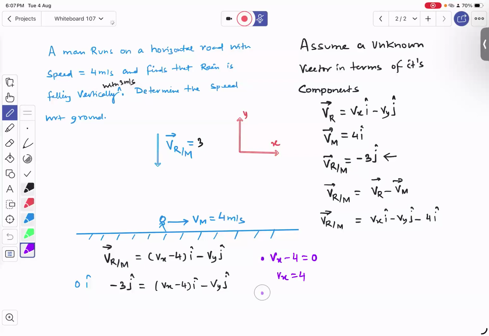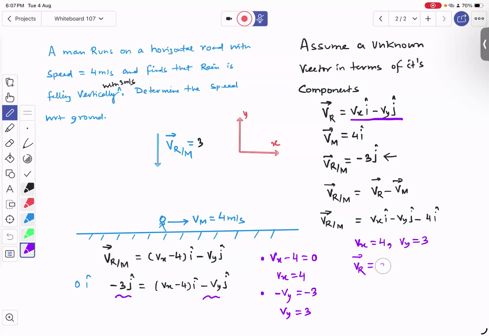I'm just making the components equal on the other side. What is the y component on the left? Minus 3. And what is the y component on the right? Minus Vy. It means minus Vy should be equal to minus 3, so Vy is 3. Once I know that Vx is equal to 4 and Vy is equal to 3, the velocity of the rain from the ground frame really is Vx i cap minus Vy j cap.